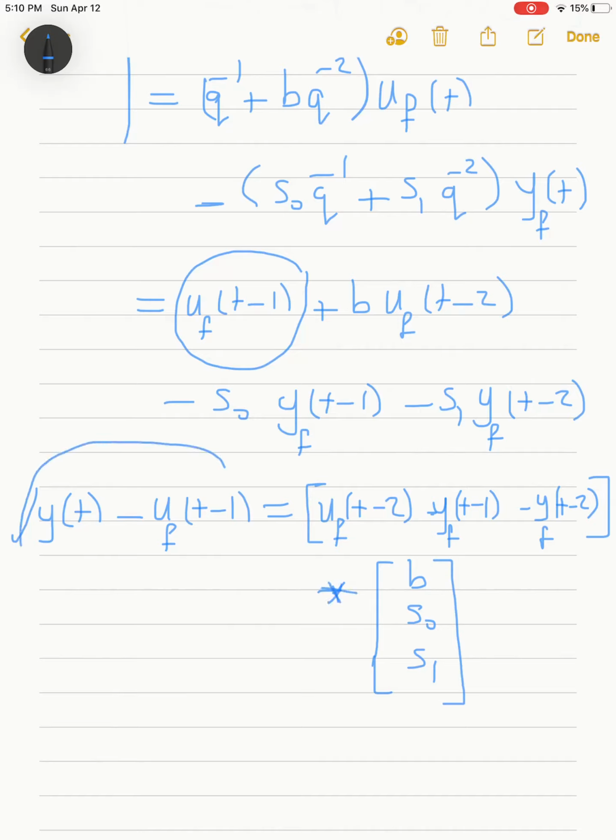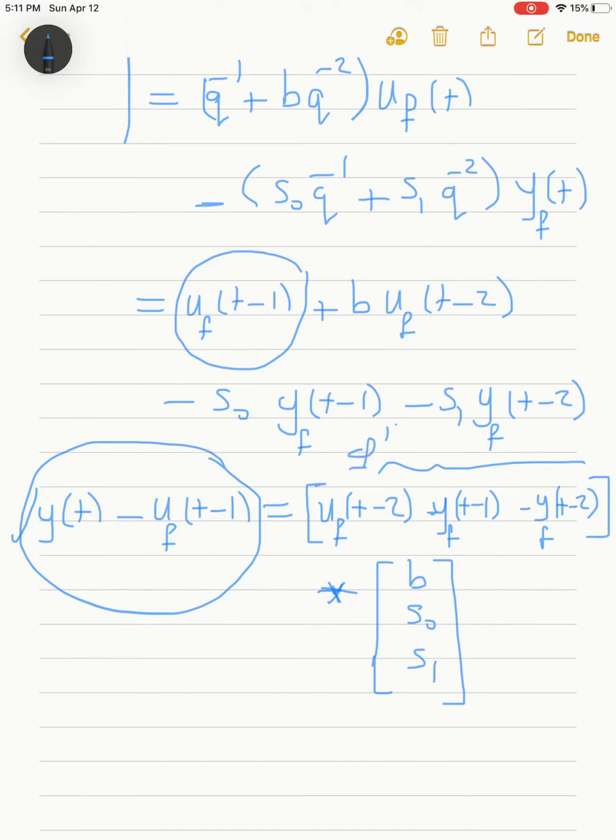The left-hand side here is what we used to call the output measurement, but in this case it is just y minus the filtered signal uf at t minus 1, and this is what we used to call phi.